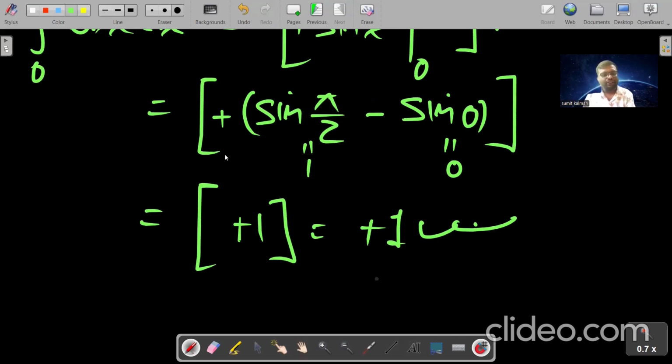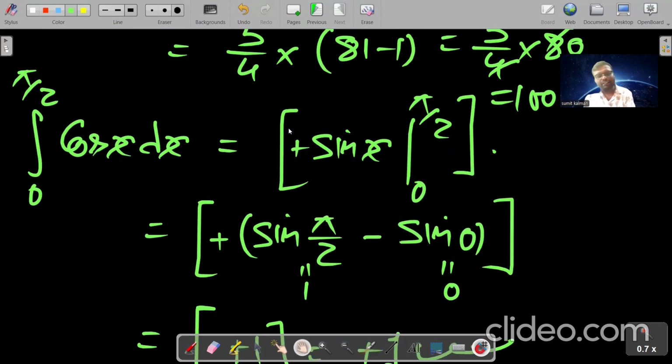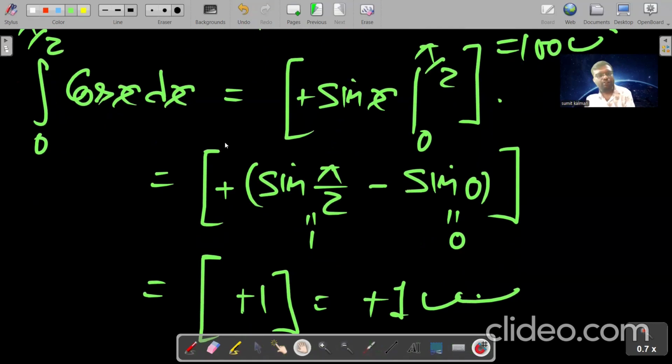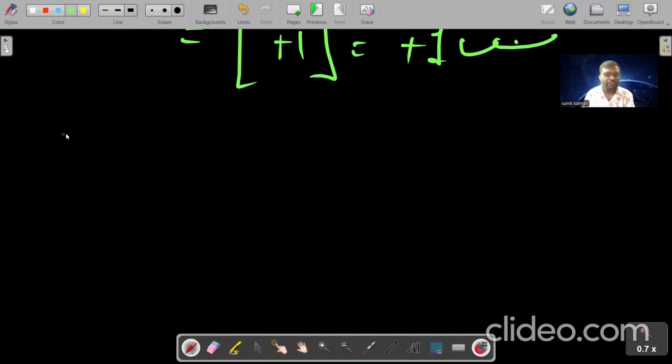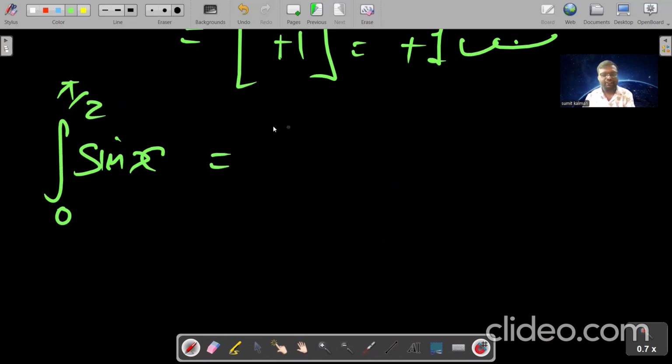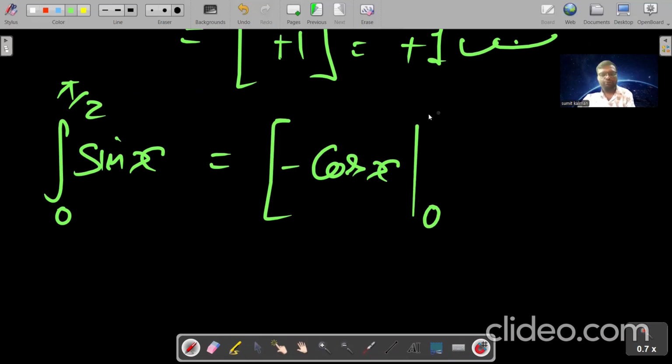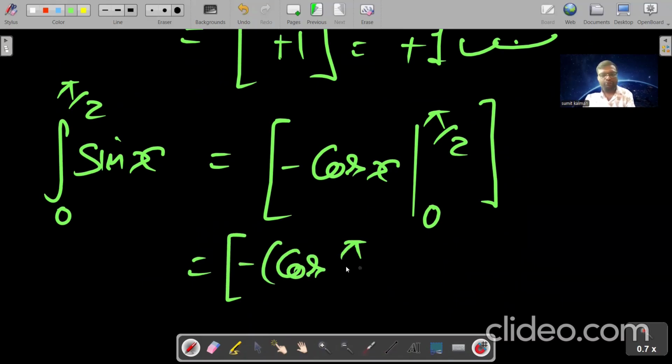And students, if you integrate sin x, then it will come out to be minus cos x. And for that, I think the answer will be plus 1. Let me verify. If you have sin x between 0 to pi by 2, and you integrate this sin x, minus cos x from 0 to pi by 2, upper limit minus lower limit: minus cos pi by 2 minus, minus cos 0.